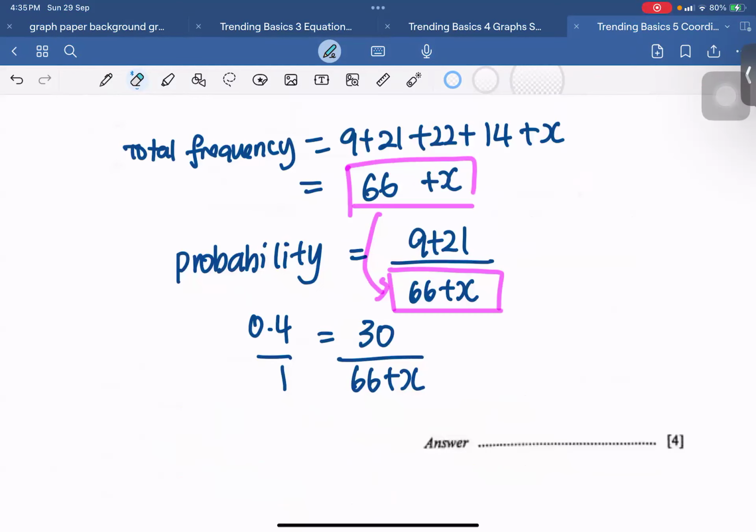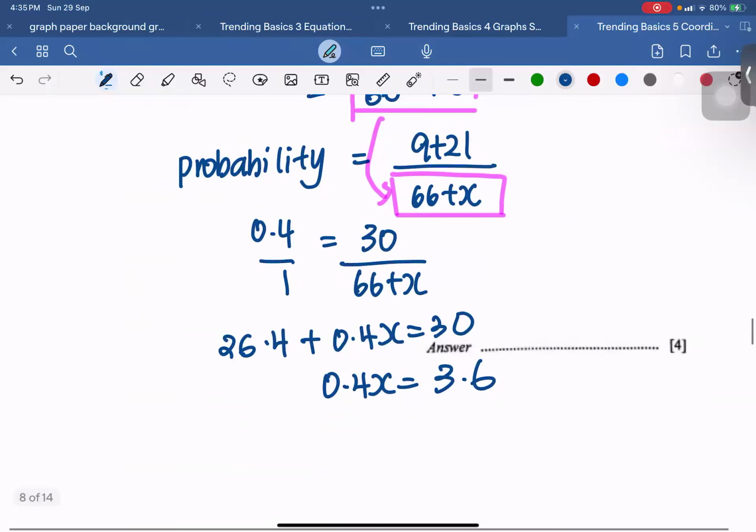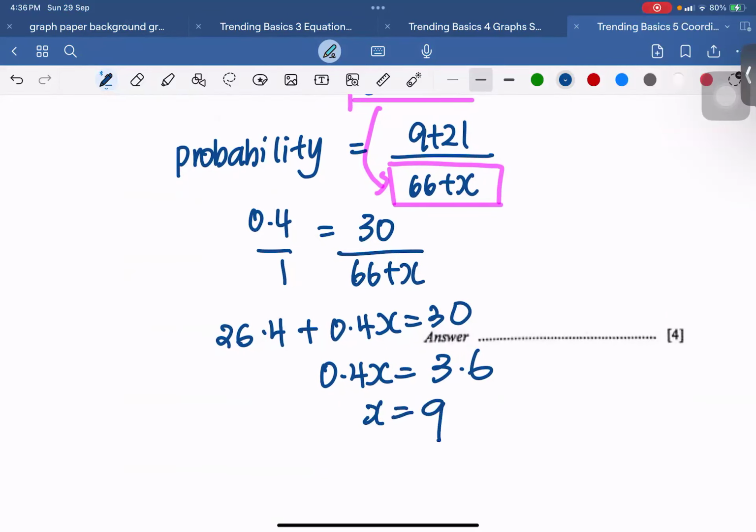So then I find my answer. Thirty minus 26.4, and X equals 9, I believe.